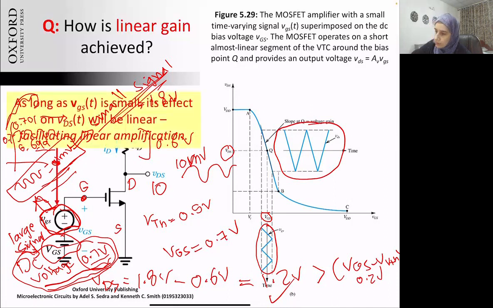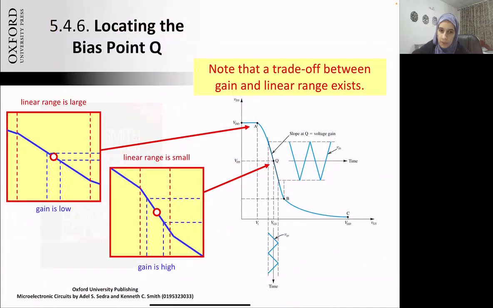And the gain is going to depend on the slope of this linear region. If the gain is high, we have a higher slope, and we can only cater a smaller range of the small signal. While if the gain is low, I can cater a wider range of my signal.